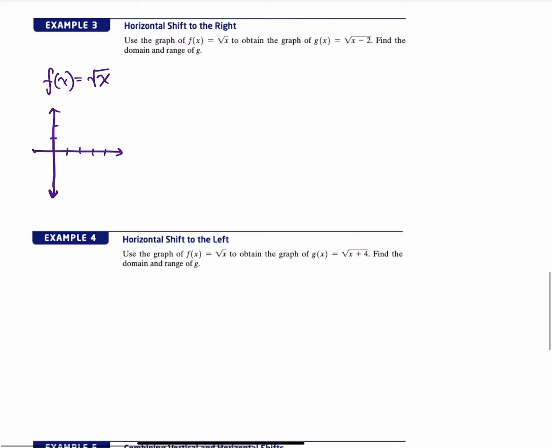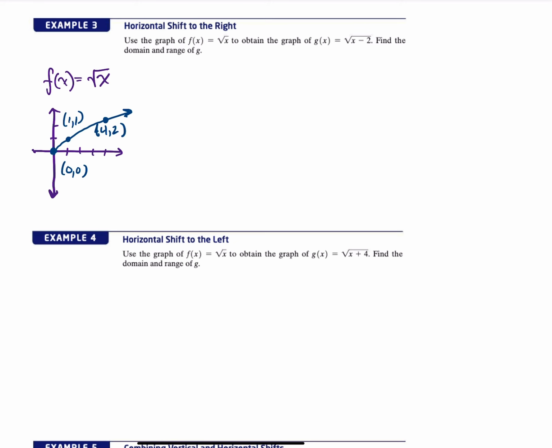I know it has the point 0, 0. The square root of 0 is 0. The square root of 1 is 1. And then I could put the point 4 comma 2. The square root of 4 is 2. That can help me see it's going to produce this sort of projectile-like motion, or it's kind of like half of a sideways parabola. So 0, 0, 1, 1, and 4, 2.